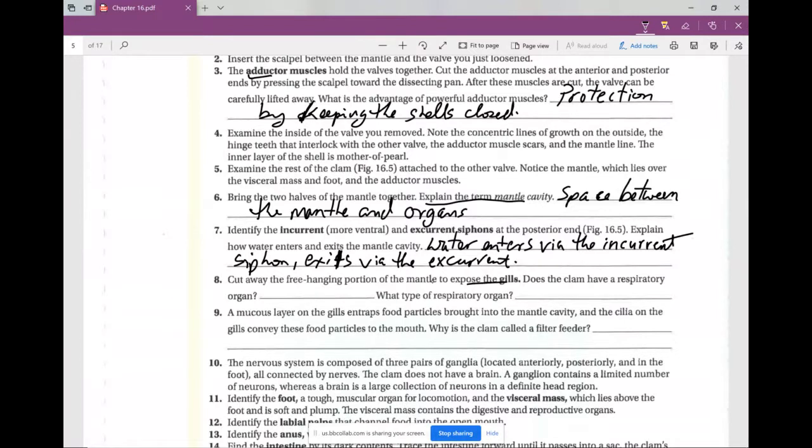Expose the gills. Does the clam have a respiratory system? Of course it does. It just told you it has gills, right? What type of respiratory system? So the answer is yes, and gills.